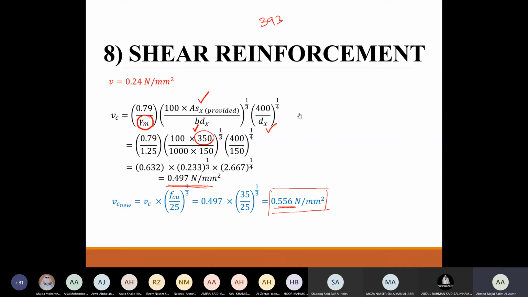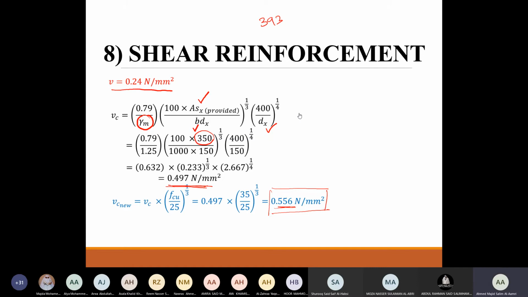Now, the load is causing a stress of 0.24. Do you require shear reinforcement, or is the concrete sufficient to take this particular stress? Once again, 0.556 means the concrete is able to take a stress of 0.556 by itself without additional shear reinforcement.